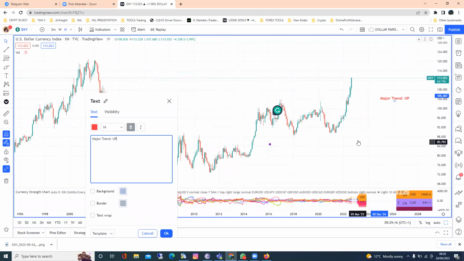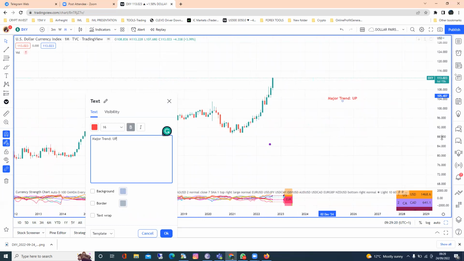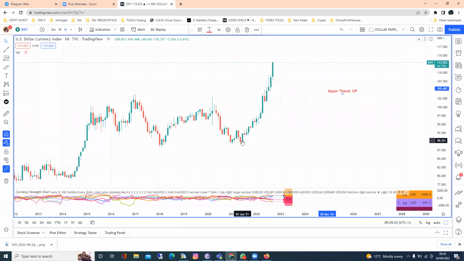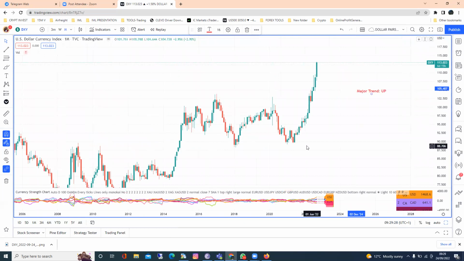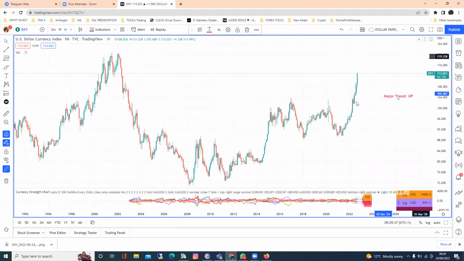So this is going upward, and it has been going upward for a very, very long time, probably from June 2001. If something has been going upward since June 2001, you dare not stay in the line of it or against it.